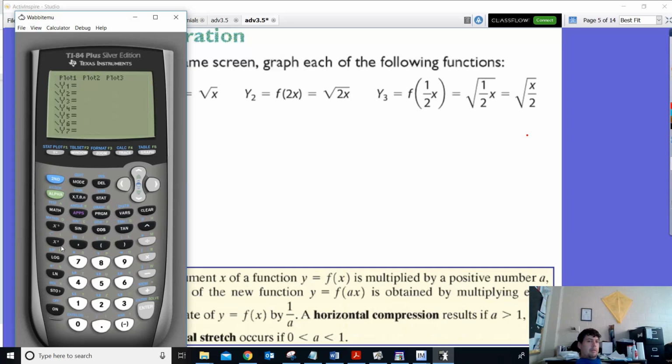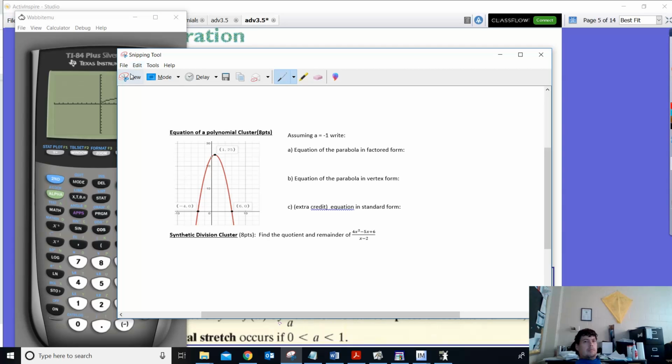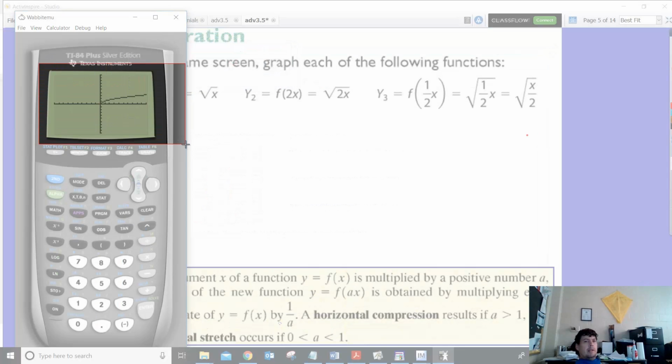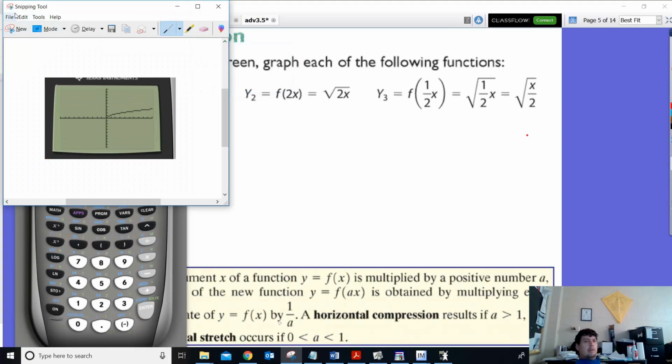First up is a square root function. You guys remember what that looks like without actually graphing it? It's the arm. Like I said, I'm just doing this piece by piece, mainly for the kids that are out.